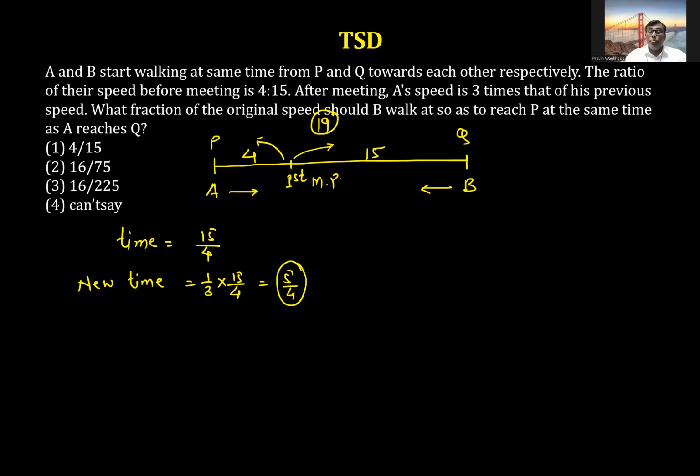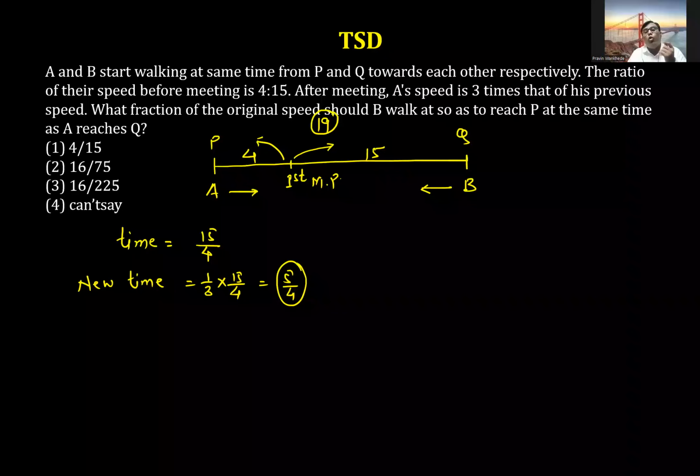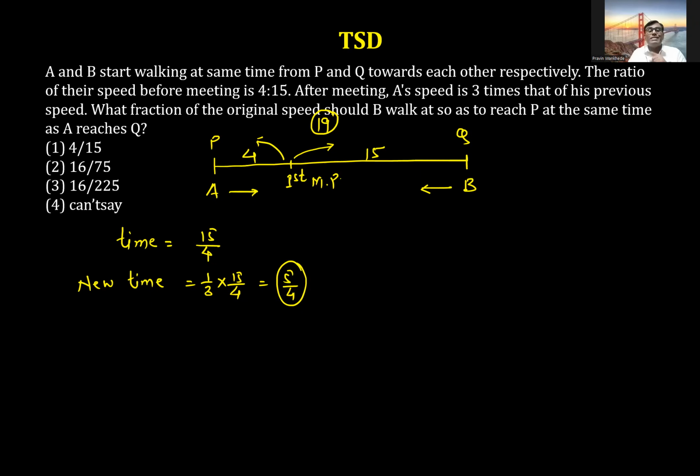Right? Now, what is asked? What fraction of the original speed should B walk at so as to reach P at the same time? Now look, A is moving towards Q and B is moving towards P. But whatever time is taken by A to go from the first meeting point to Q, in the same time, B is going to reach P from the same meeting point.